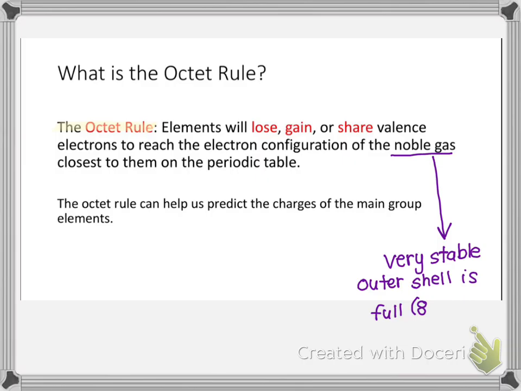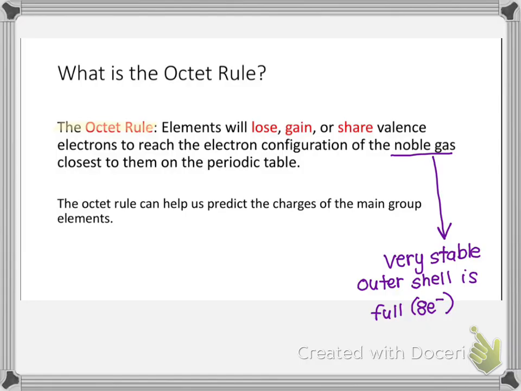And it's 8 electrons except for helium, and helium's full at 2 because it doesn't have space for the p electrons. So the noble gases are very stable. They don't really want to lose or gain anything. Like they have it going on.